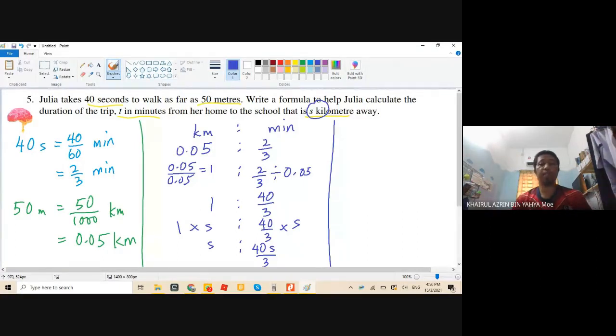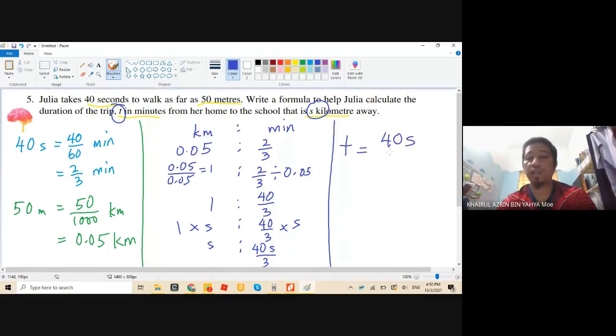But we need to write in equation. Read again the question: write a formula to help Julia calculate the duration of the trip T. The question asks us to write T equal to, in minutes, from her home to the school.